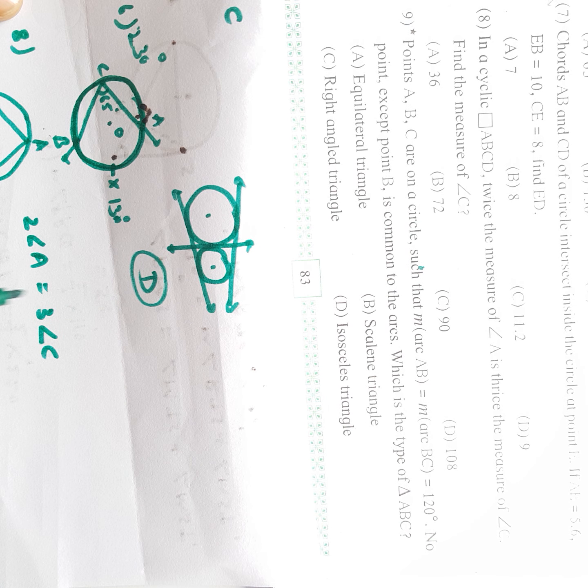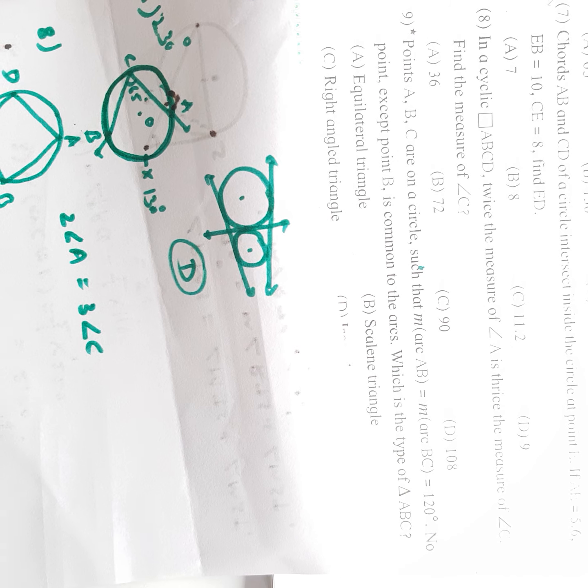Twice the measure of angle A is thrice the measure of angle C, means 2 angle A is equal to 3 angle C.